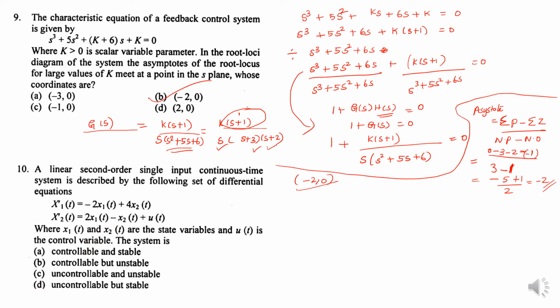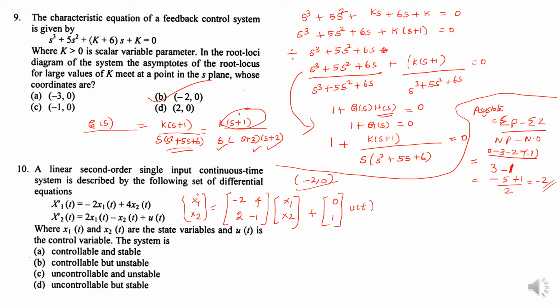Now I have to find out the matrix form of the state variable equation. X1 dot, x2 dot equal to minus 2, 4, 2, minus 1, times x1, x2, plus 1, 0, there is no u of t in the first, and in the second u of t.